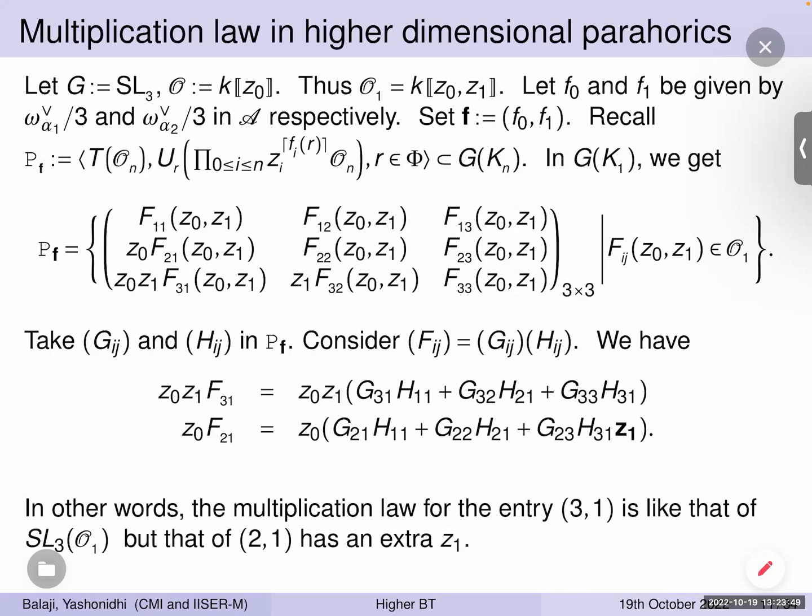Sorry, what you described, they are just the generators of P_F. Okay, this is not a set, right? No, I have just taken two arbitrary elements in it. But you wrote that P_F consists of the elements with this big 3 by 3 thing. Yes.